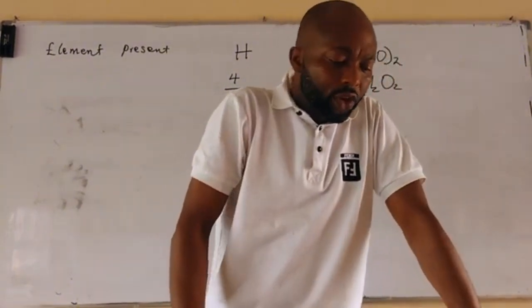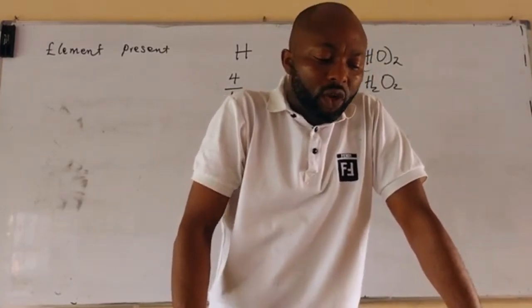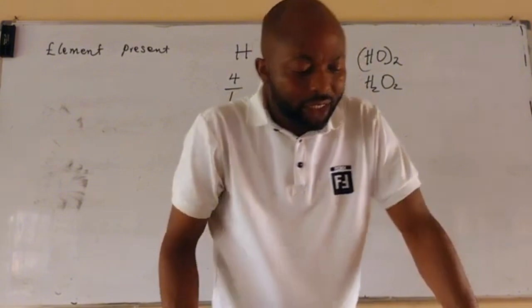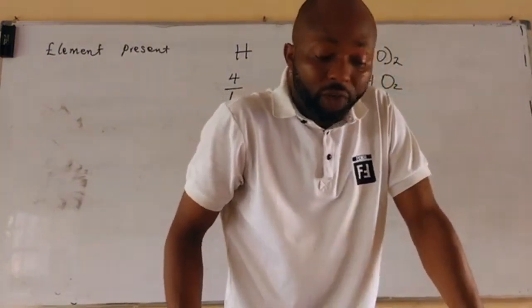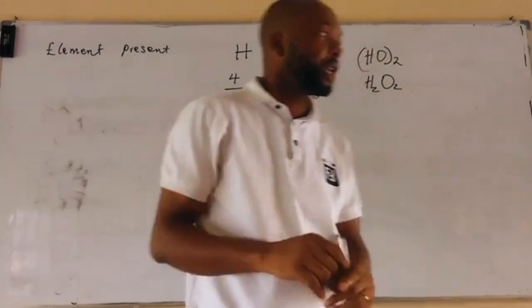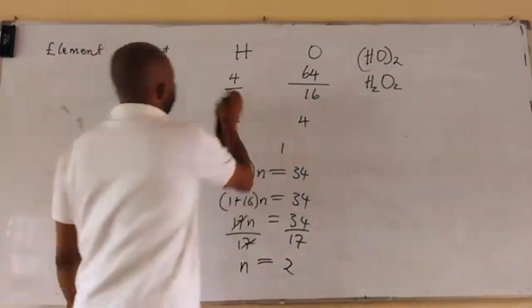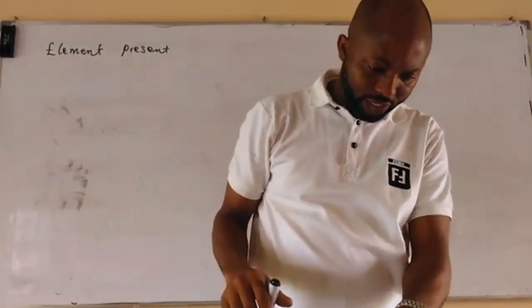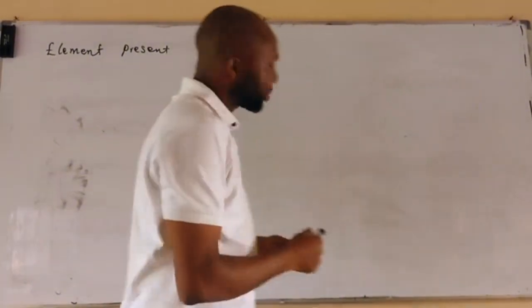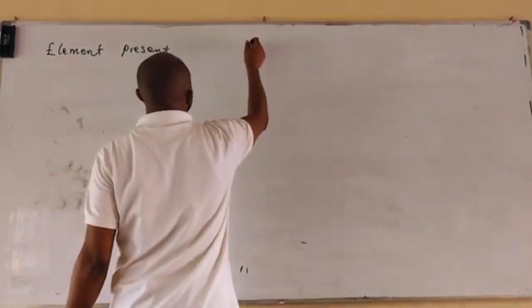Let's take another question, number 6. An uncommon oxide of nitrogen contains 63.2% of oxygen by mass. Element given: an uncommon oxide of nitrogen contains this of oxygen.